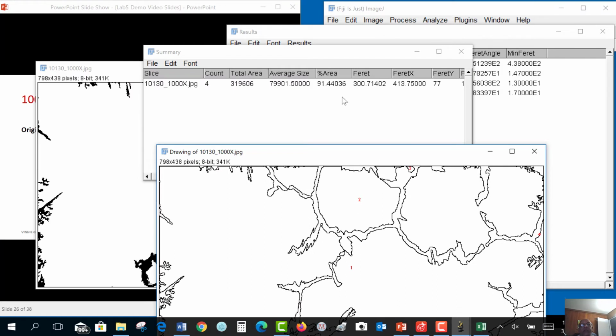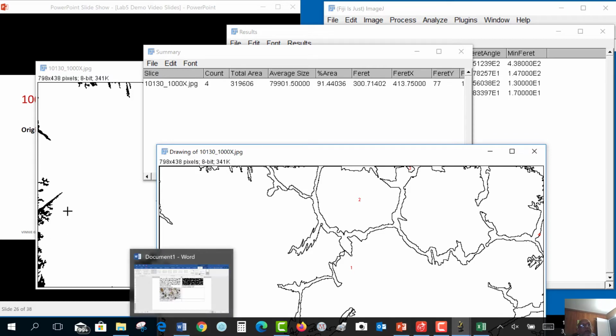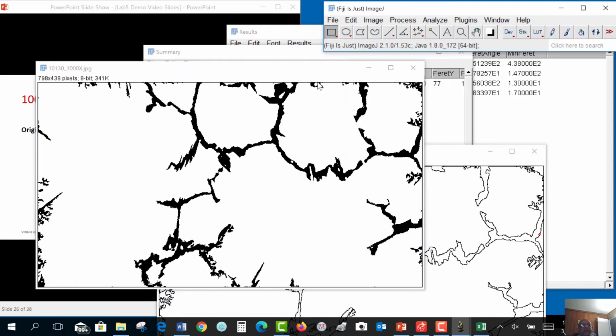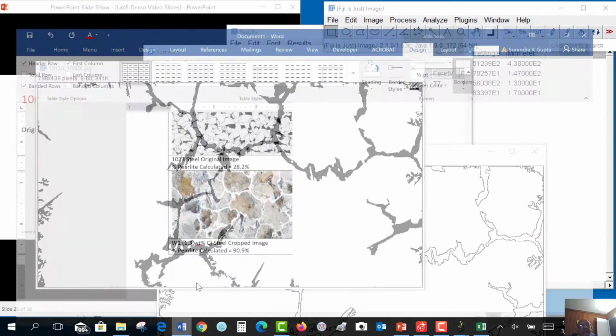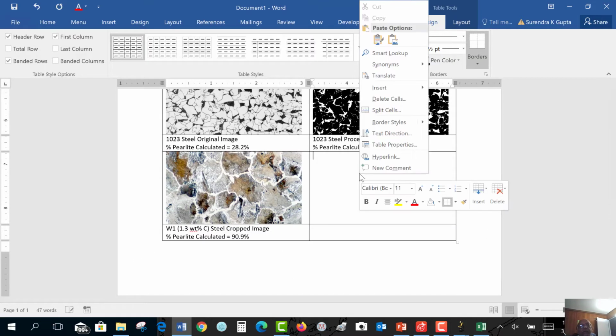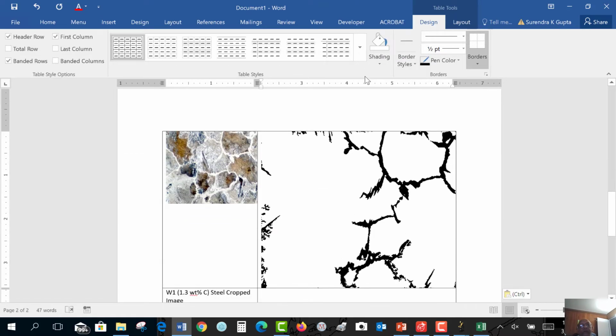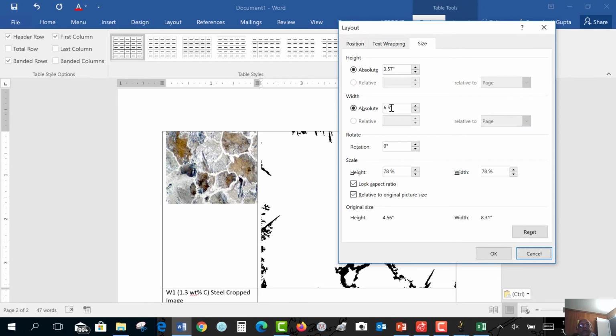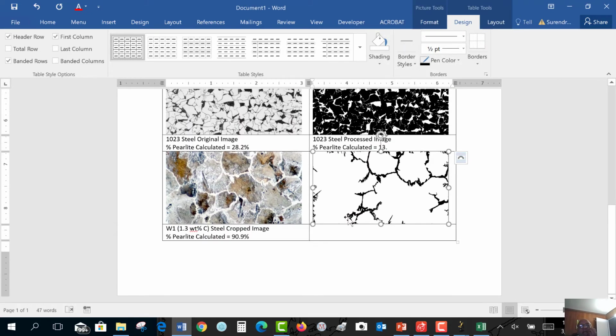Let's see what the value is. It says to us that it is 91.4%. So let's go ahead, copy this to the system. Size 3 inches, and a caption.